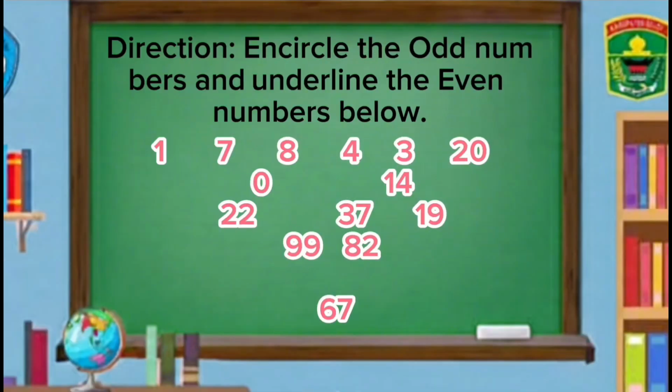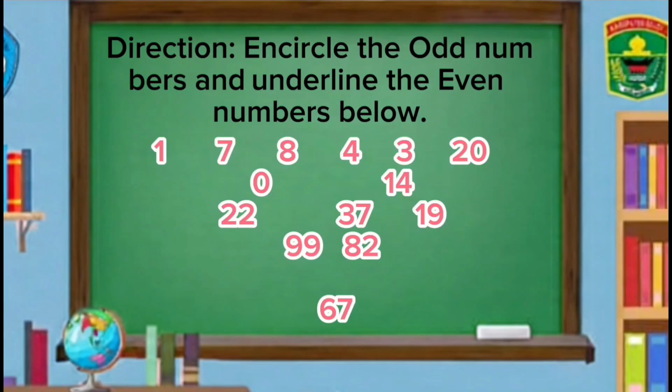Direction: Encircle the odd numbers and underline the even numbers below. The numbers are 1, 7, 8, 4, 3, 20, 0, 14, 22, 37, 19, 99, 82, 67.